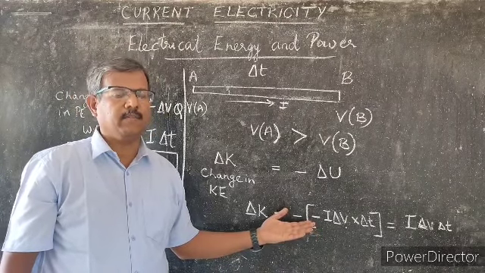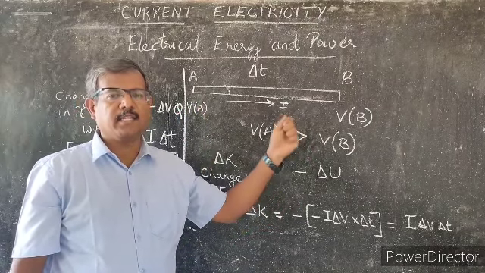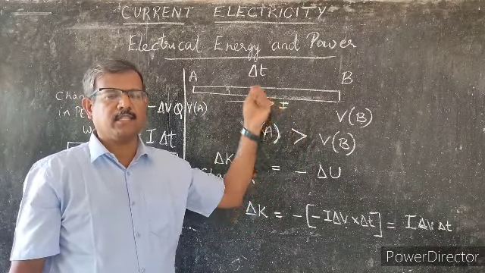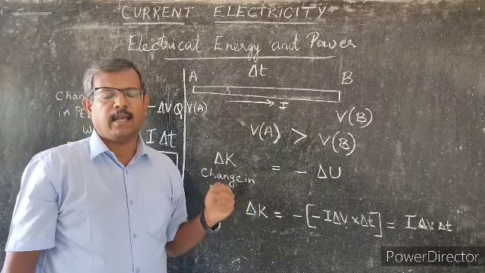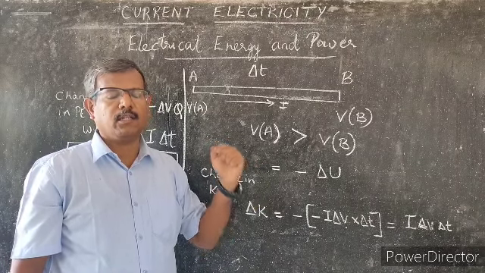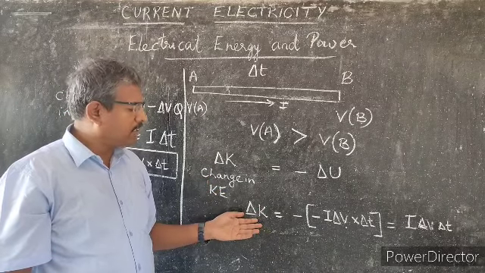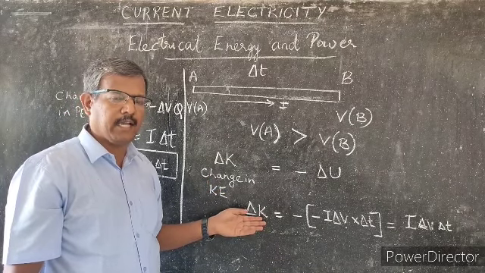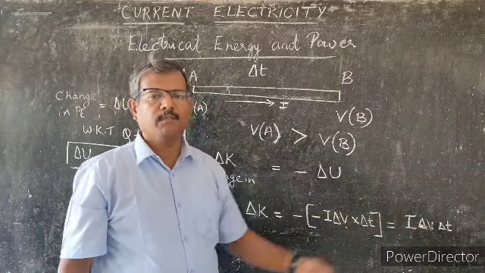We assumed that none of the charge carriers, the electrons in this case, assuming it to be a piece of metal, are encountering any collisions. With this assumption, this holds true. That is, the total change in kinetic energy is equal to the change in potential energy.